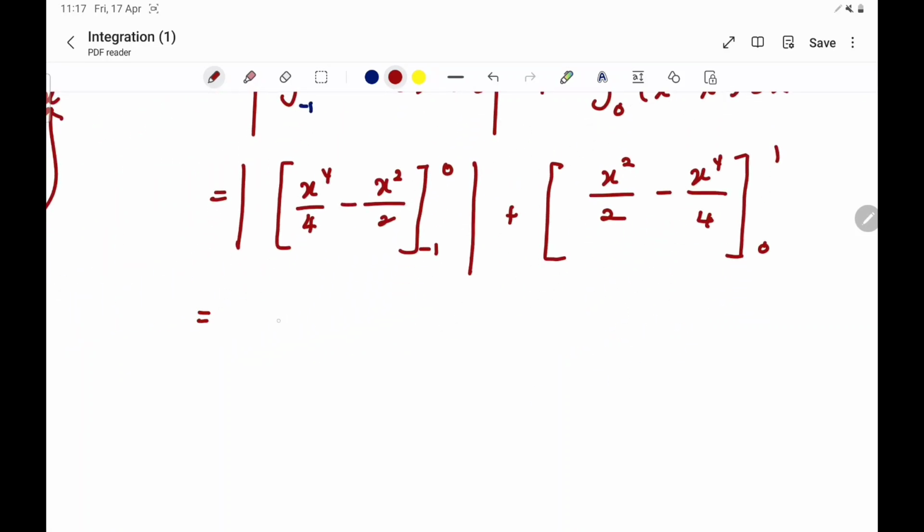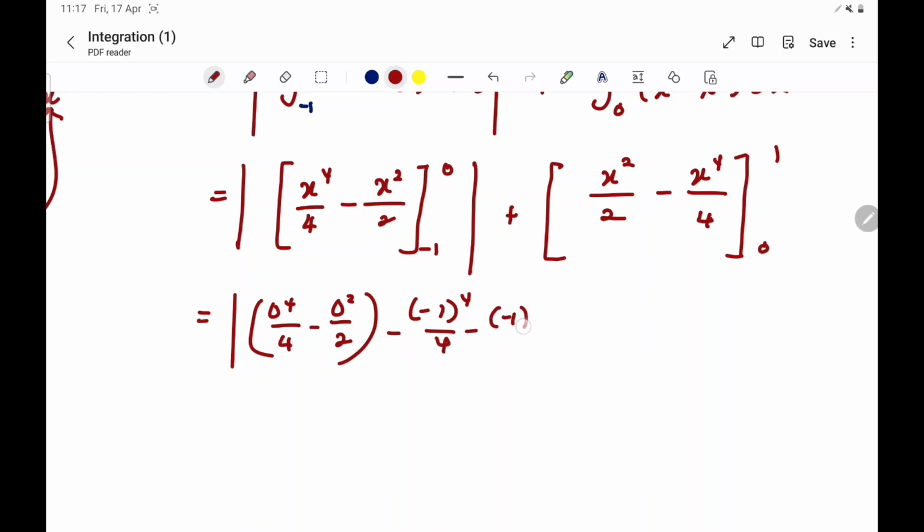And then here you find the value inside. You're going to get 0 to the power of 4 divided by 4 minus 0 to the power of 2 divided by 2, minus -1 to the power of 4 divided by 4 minus -1 to the power of 2 divided by 2.